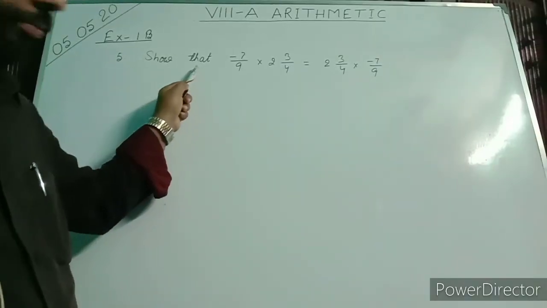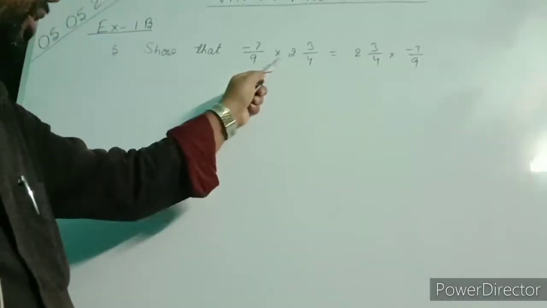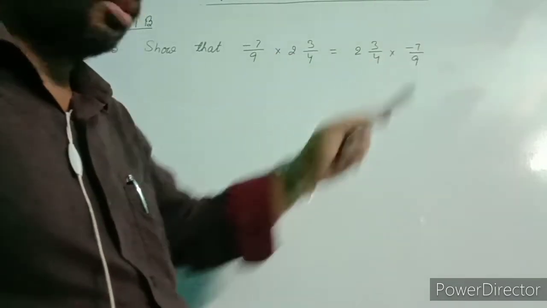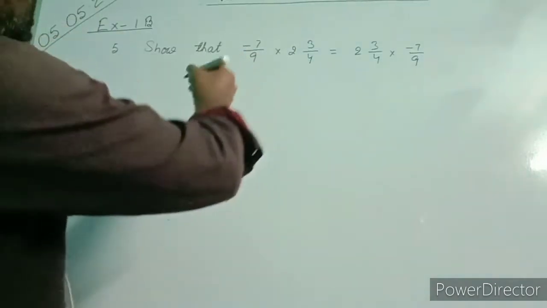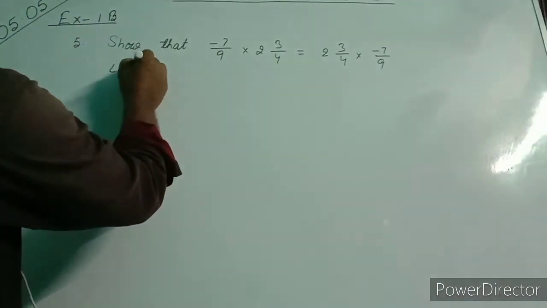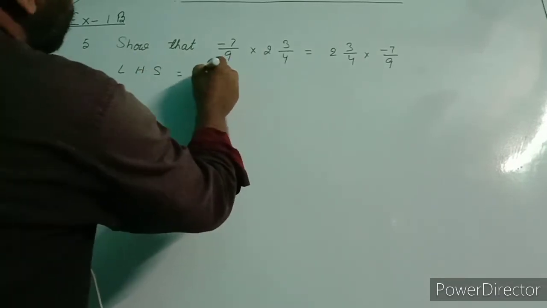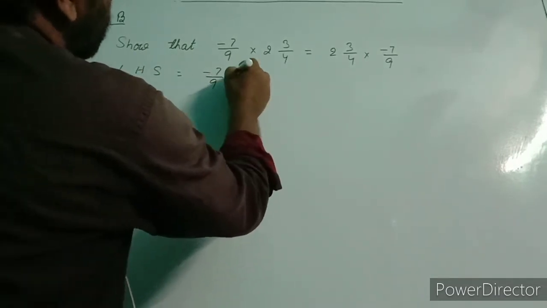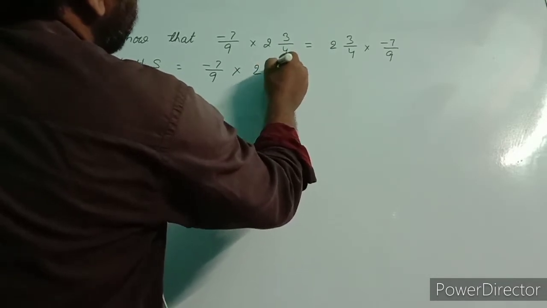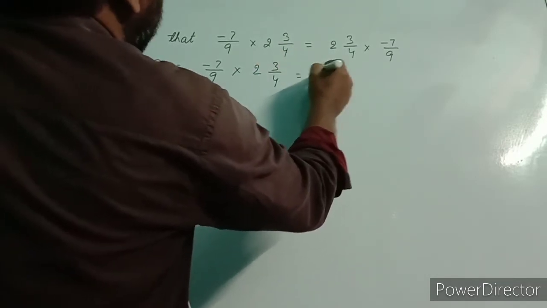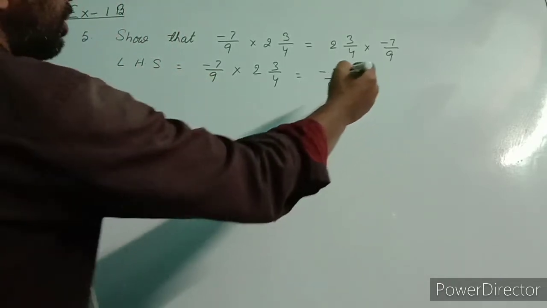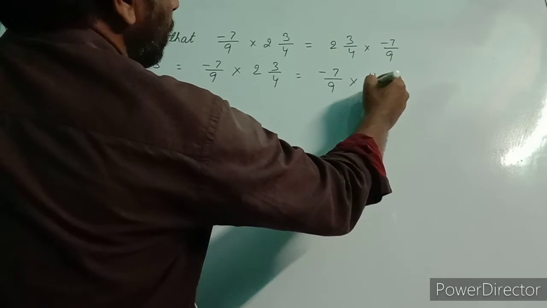So that minus 7 by 9 into 2 and 3 by 4 is equal to 2 and 3 by 4 into minus 7 by 9. So first of all, we write LHS equal to minus 7 by 9 into 2 and 3 by 4, that is equal to minus 7 by 9 into 11 by 4.